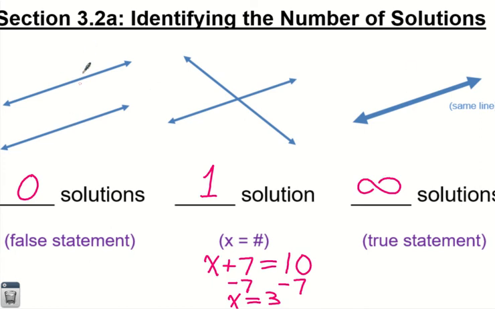Now, as far as these pictures go, these two lines that are parallel, these two lines that intersect, these two lines that are really just the same line over top of each other, these pictures have connections. We're not really getting to that yet.